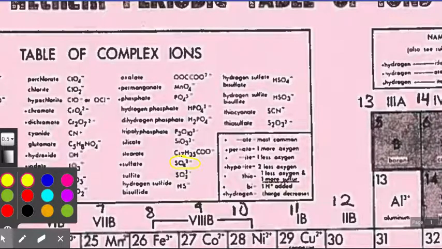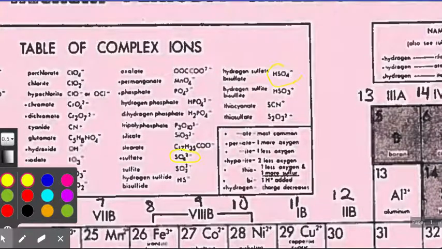Now our sulfate ion, if it bonds to 2 hydrogens, becomes an acid, sulfuric acid. But because it has an ionic charge of 2 minus, it can bond with a single hydrogen and still carry an ionic charge. And that's what's happened right here.